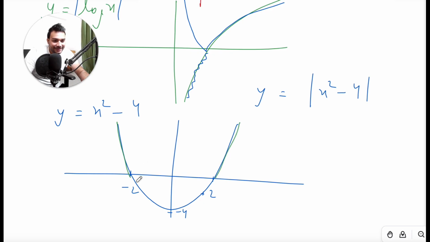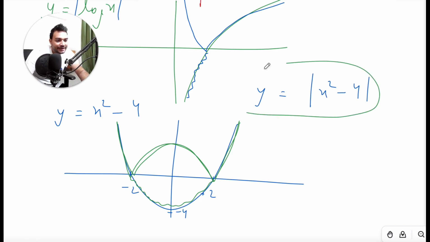The portion with negative y gets flipped over and looks like this. This is the green one, this is the graph. The bottom one, the negative y side, goes away. So this is the absolute value transformation.